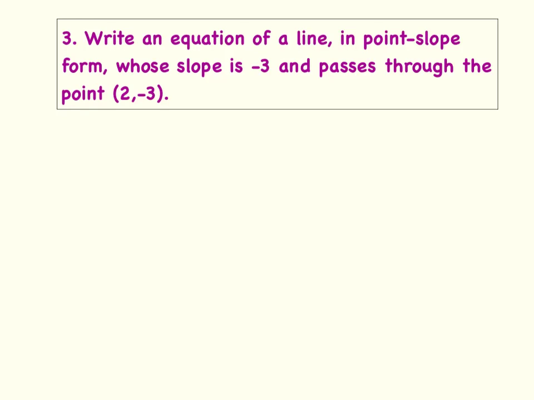The good news here is since that's the form it wants us to write it in, this problem is going to be really easy and really quick. So let's get started on it. Remember, the point-slope form is y minus y1 equals m times x minus x1. And so in this example, the 2 in the ordered pair in the point is x1 and the -3 is y1.